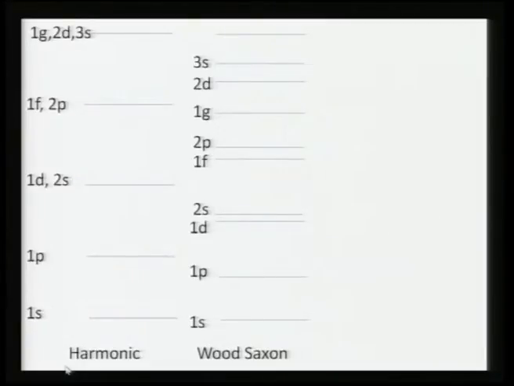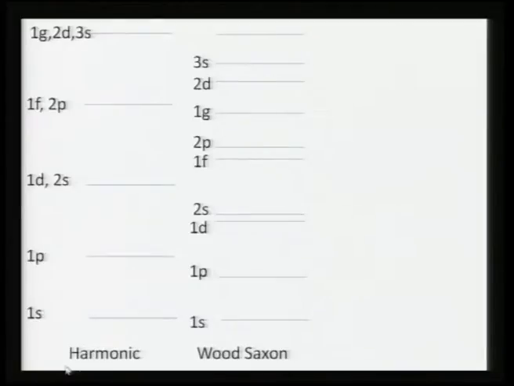Similarly, 1f and 2p have come down by different amounts. 1f has come down more, 2p has come down less, and that degeneracy is lifted, and 1g from the upper state has come down by quite a large amount, so that it is almost at the same level where the original 1f 2p was.